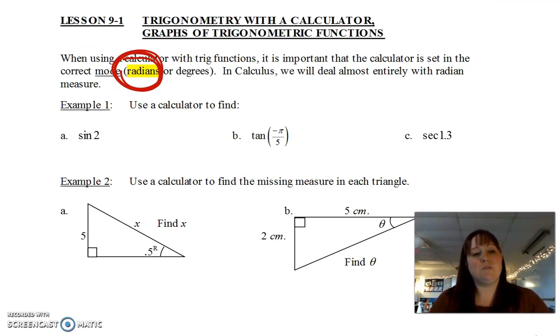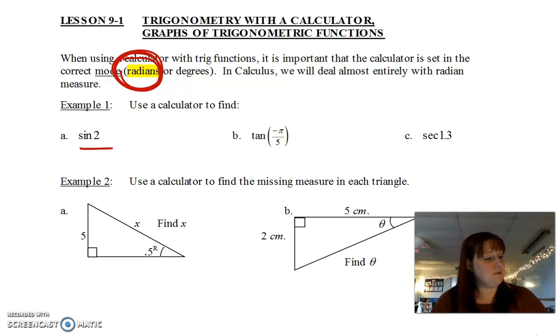In calculus, we almost never use degrees. We talk about them in degrees sometimes because they're easier to think about, but really, just switch it into radians, because it happens all the time that people forget to switch it into radians for the calc test, and that's a problem. So switch it into radians, and then you literally just type this in, sine of 2, and it'll spit out a value for you.